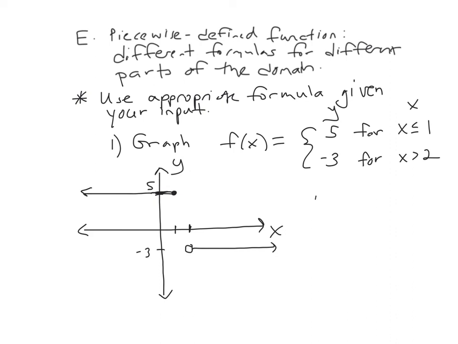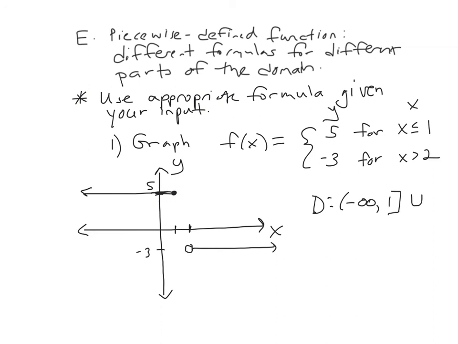So let's do the domain and range for this. My domain are what my inputs are. So we can look at the graph, or you can look at what the equation gave us. Going from negative infinity on my x-axis, I'm going to come in, and my first stopping point is at 1. I'm going to include that because its x is less than or equal to 1.